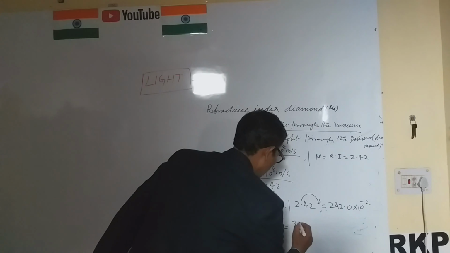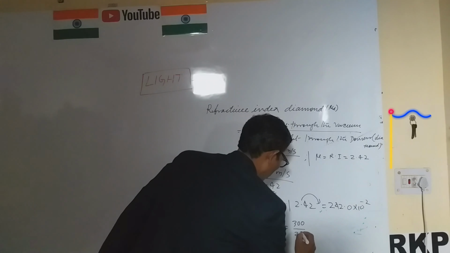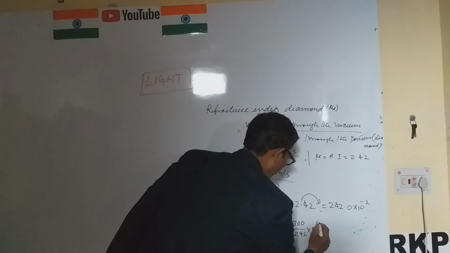So here it is 300 by 242 into 10 to the power 8.